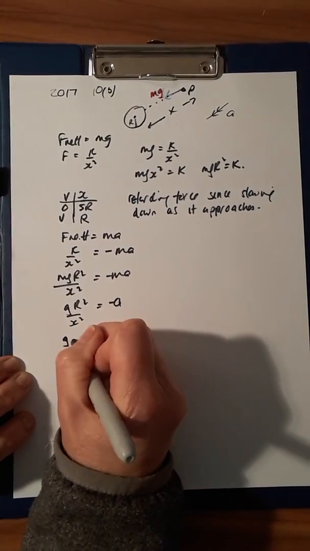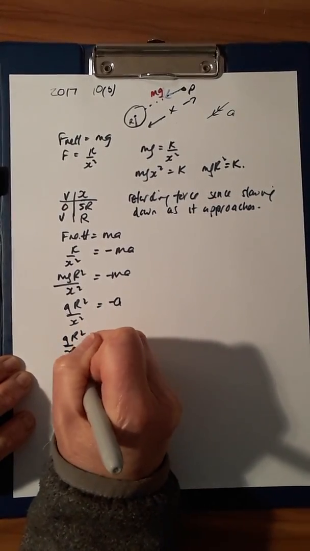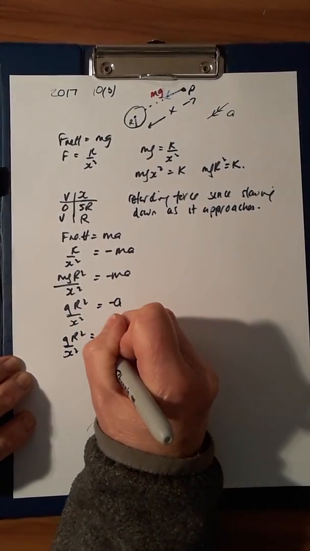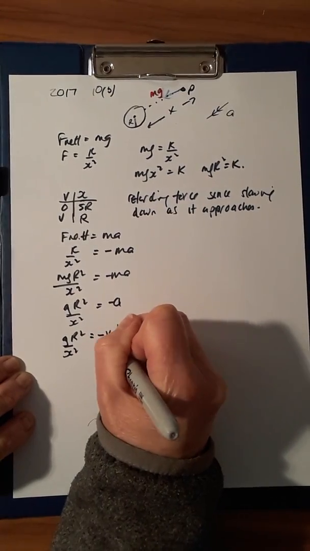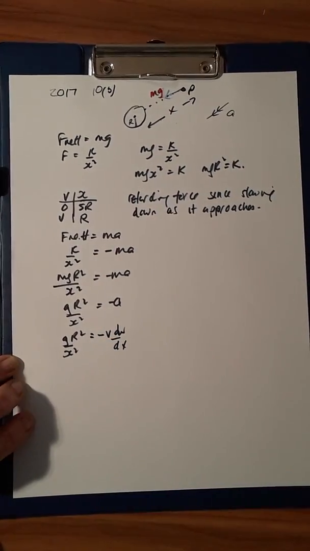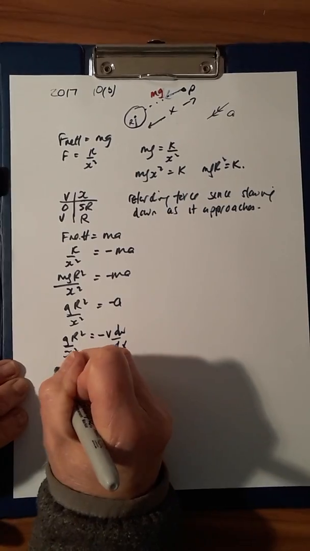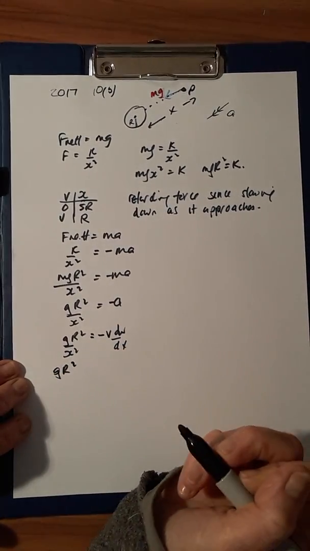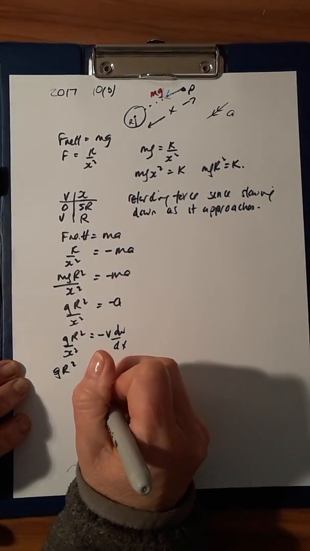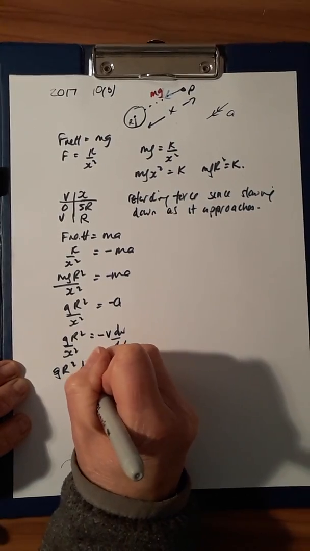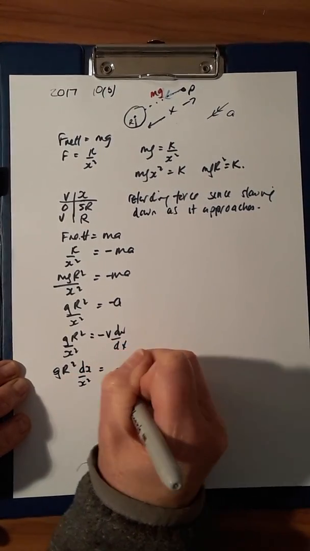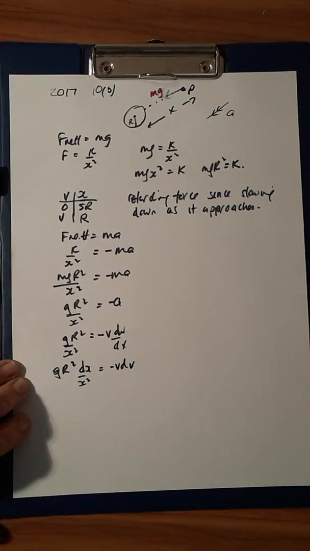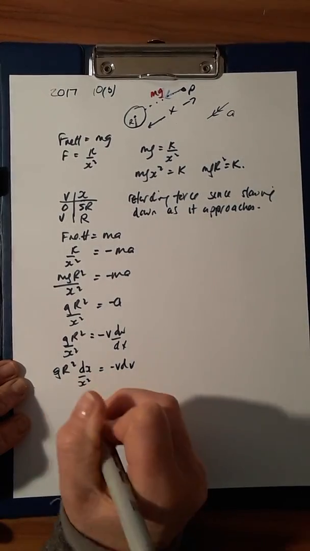So this becomes gr squared over x squared is equal to minus v dv/dx. I'll separate the variables. gr squared is a constant, so gr squared dx over x squared is equal to minus v dv.